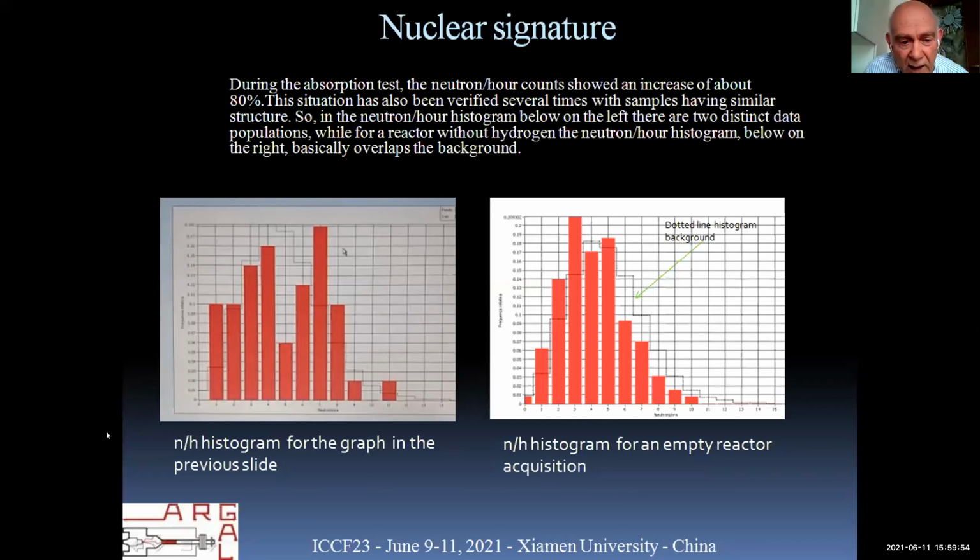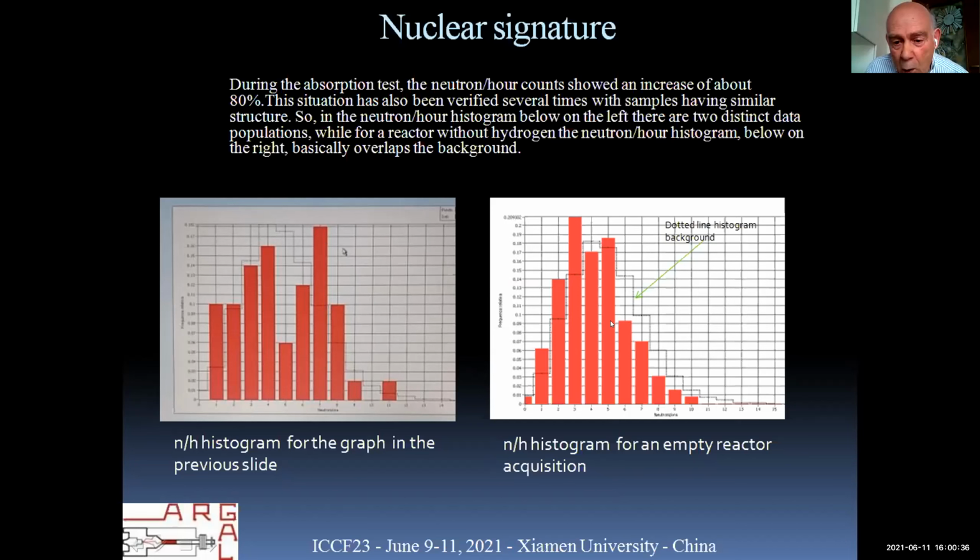That is correct. In this experiment, we had only a quite low increase of the neutron emission, but I had different experiments where the neutron production was much more. When I have inside this reactor a sample with a similar structure, I always see some excess of neutrons with respect to the background.